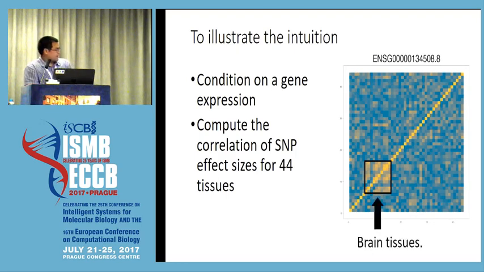This black box outlines the brain tissues. I have omitted the labelings for the other tissues. Looking at this plot, suppose we want to find SNPs that are eQTL in at least one of the tissues for this particular gene. We can combine eQTL results from these brain tissues to increase statistical power.